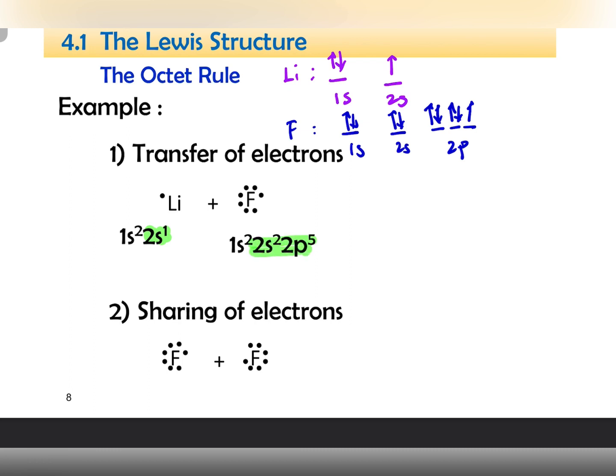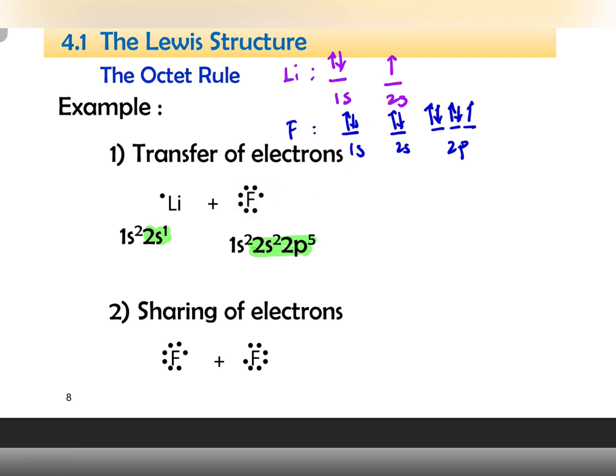So bila kita tulis Lewis dot symbol, kita akan show only the valence electron. Untuk lithium, kita tulis dia punya symbol Li and 1 dot to represent 1 valence electron. Fluorine ada 7 valence electron. So kita akan tulis 7 dot lah. 1, 2, 3, 4, 5, 6, 7.